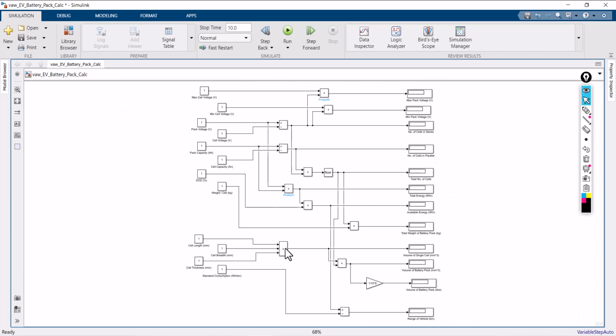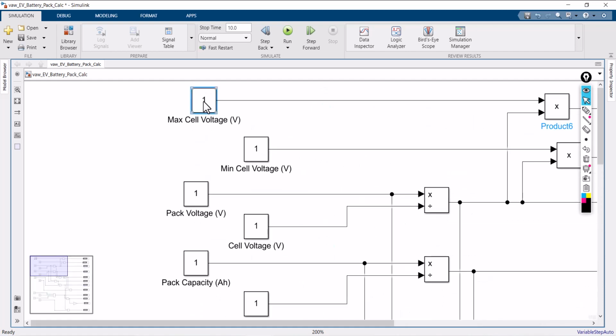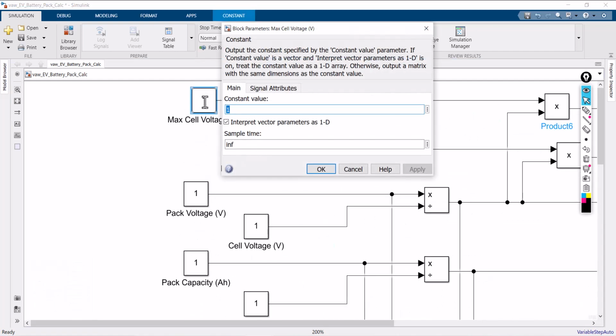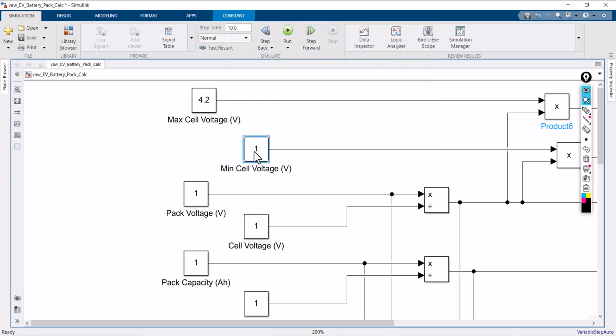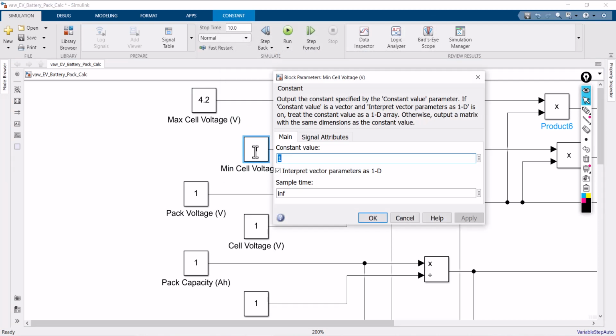Now I'm going to put in the values. Let me take the maximum cell voltage, let it be 4.2. Minimum cell voltage, I'm going with 2.8.